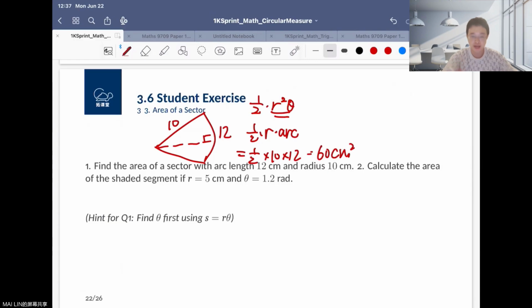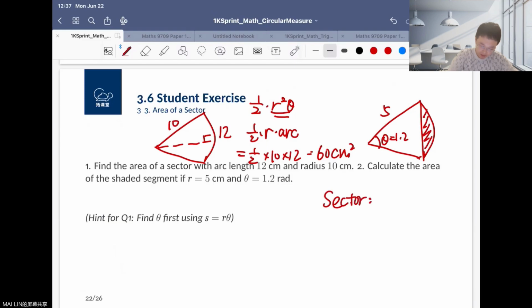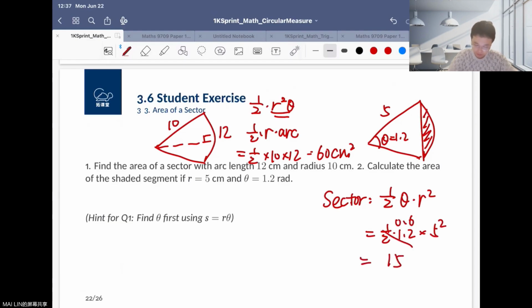And the second question is: calculate the area of the shaded segment if r equals 5 centimeters and theta equals 1.2 rad. You can draw the graph like here, where this is 5 centimeters and theta equals 1.2 rad. Using the formula, the sector's area is a half times theta times r squared, so a half times 1.2 times 5 squared, which is 0.6 times 25, that is 15, right?